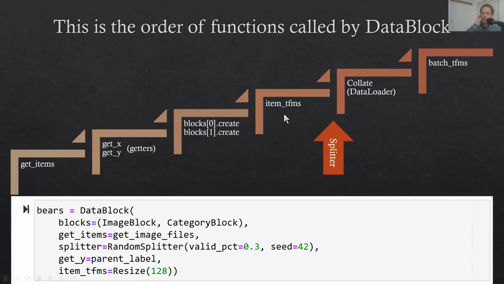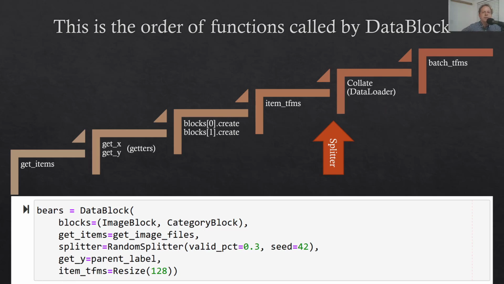And then the next thing it does is it puts it into something called a data loader. A data loader is something that grabs a few images at a time. I think by default it's 64, and puts them all into a single batch. It just grabs 64 images and sticks them all together. The reason it does that is it then puts them all onto the GPU at once, so it can pass them all to the model through the GPU in one go.